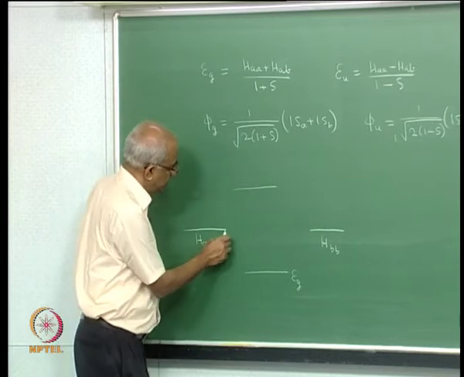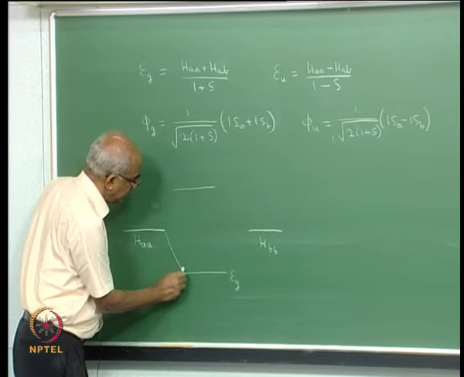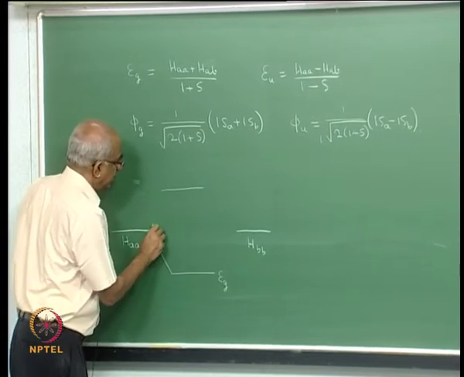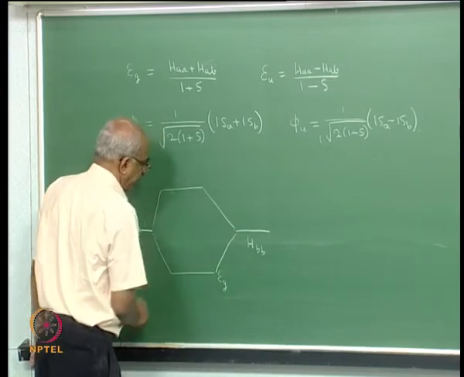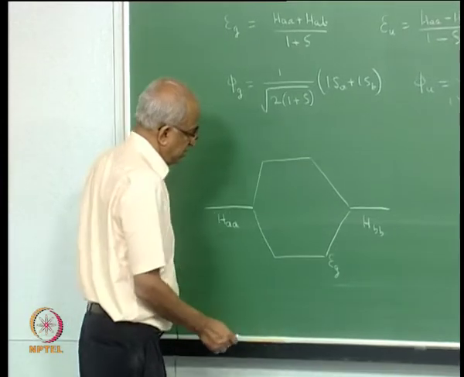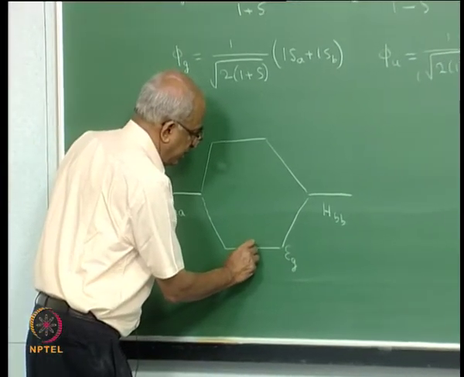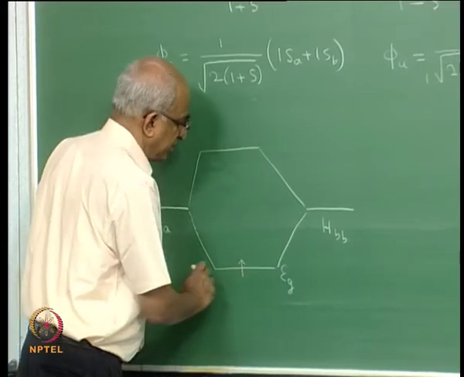Okay. So, therefore, it is usual to represent this by drawing figures like this. The two orbitals interact and the result is you get two new orbitals, and in the case of S2 plus, what happens is that the one electron that is there in the system sits in this bonding molecular orbital.